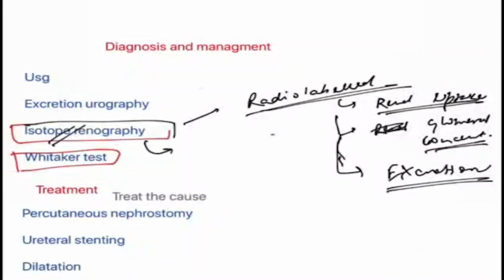In all these three phases, the isotope can be detected by detector cameras, most commonly gamma cameras.